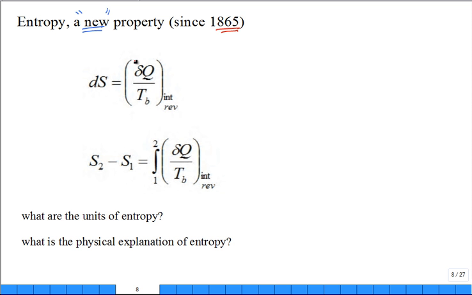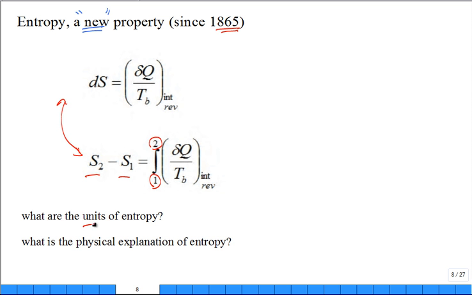He said this integral looks like I can write it as a change in a property from state 1 to state 2. You can put it as a finite change or an infinitesimally small change, either way. So this is the definition of a property called entropy. It doesn't look like it's related to molecular level disorder, which gives us a warm fuzzy feel for it, but this is how you define it.